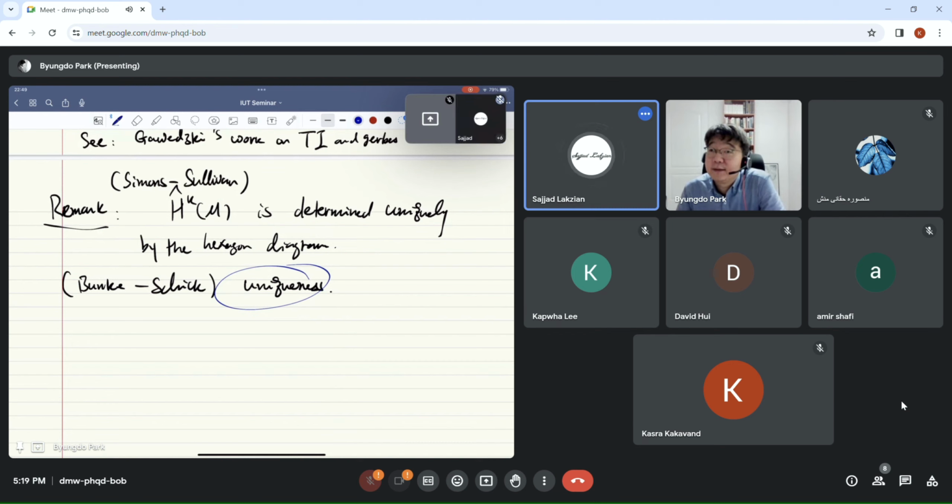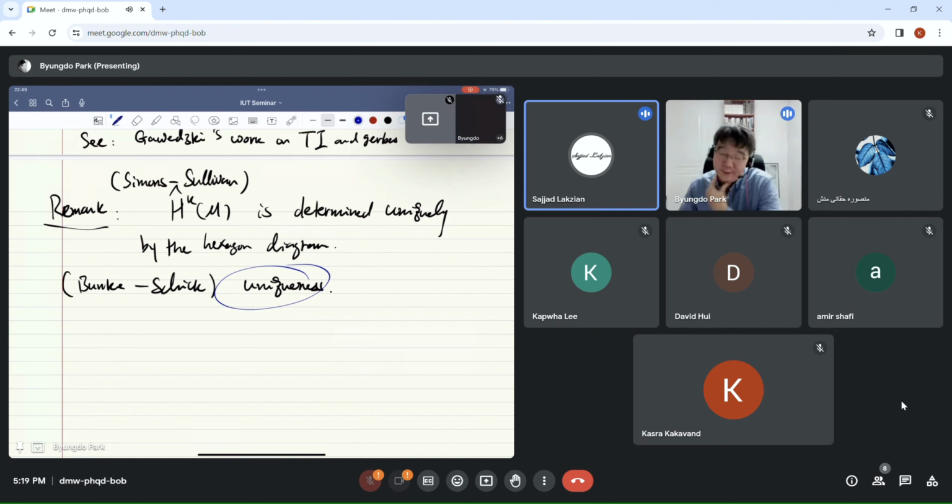Like if you have an n-manifold and you take H hat n. That's a good question, and that has to do with this diagram. If you have the top dimension, these things might not be trivial, but it also depends on what your manifold is, like if it's not orientable.